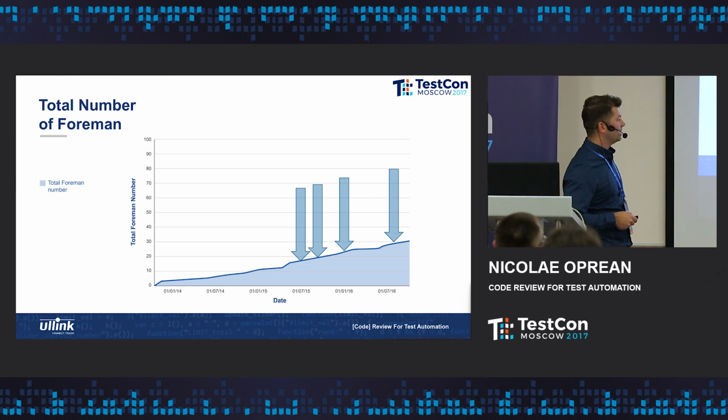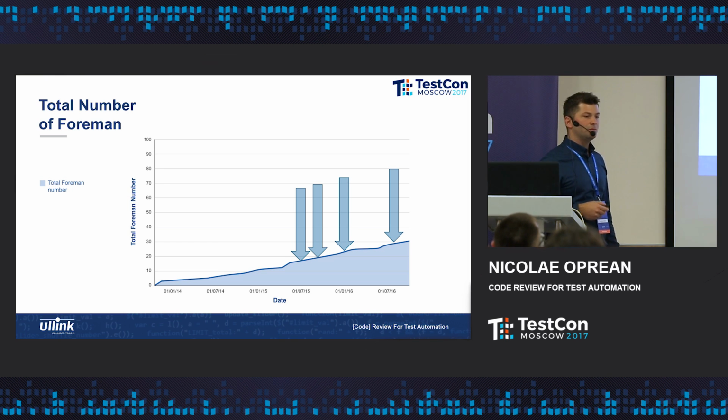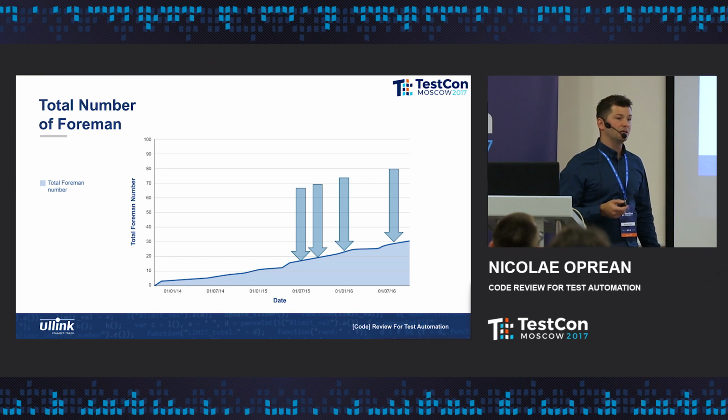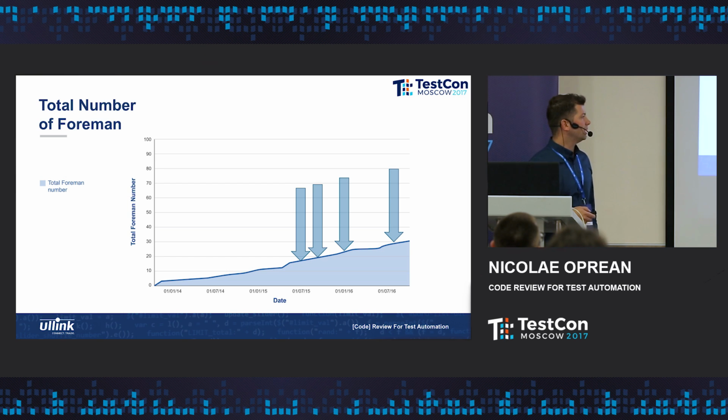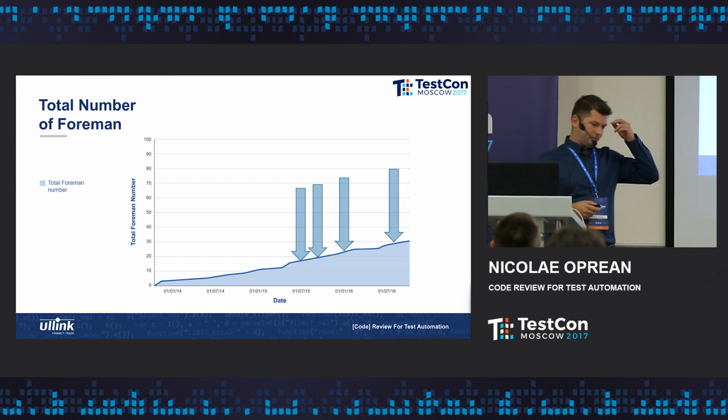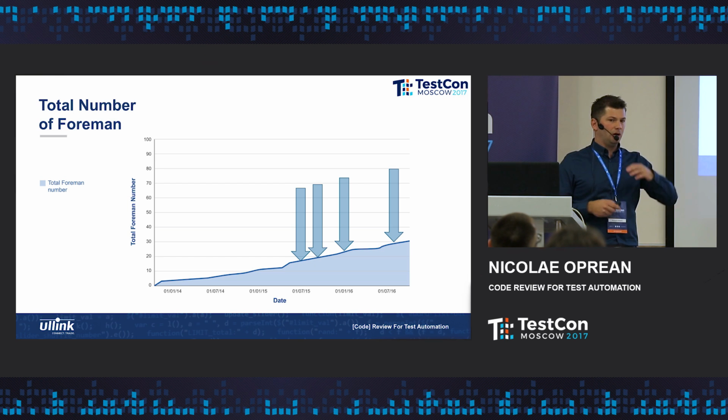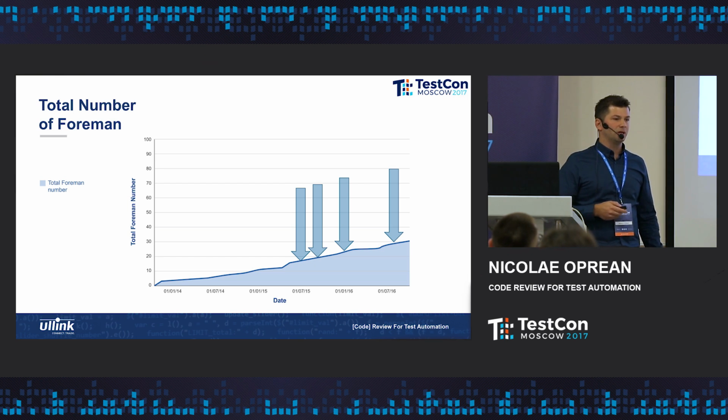After 1.5 years, we had the first QA that reached the level necessary to become a foreman. Then we had some others, and now we currently have about 5-6 QAs that are foremen out of 50 QAs in my company. One note: in my company, almost every QA is doing automation.